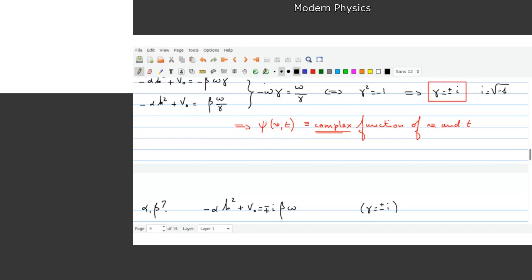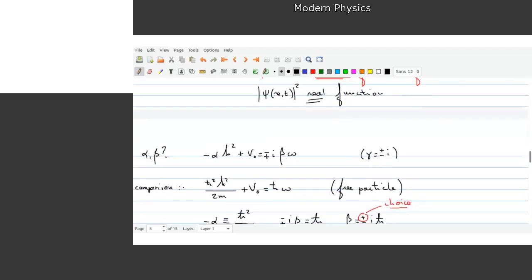So psi being a complex function, we understand that it has no direct physical meaning. But when you take psi squared, it is a real number or real function, and so it can be measured.